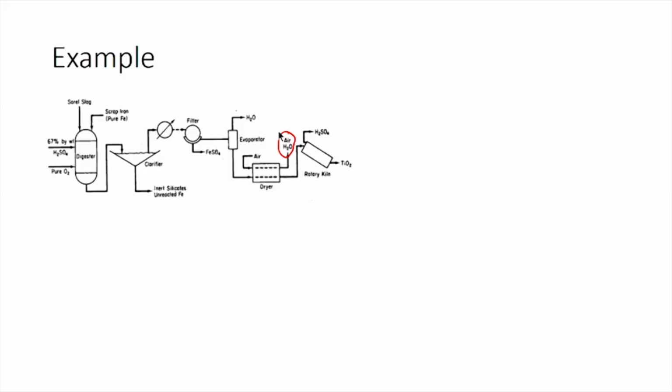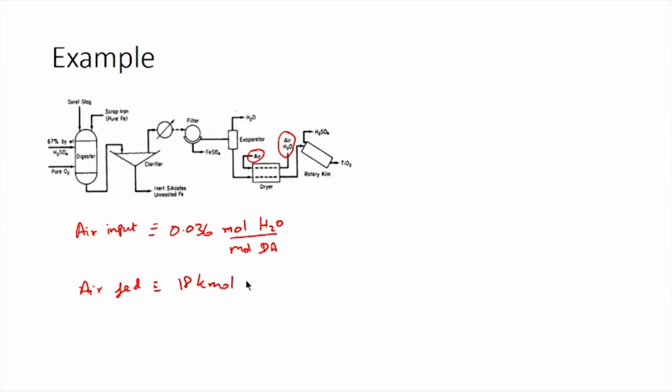So, based on the information we have, the air input has 0.036 moles of H2O per mole of dry air, and air is fed at a rate of 18 kilomoles of dry air per 100 kilograms of swirl slag.